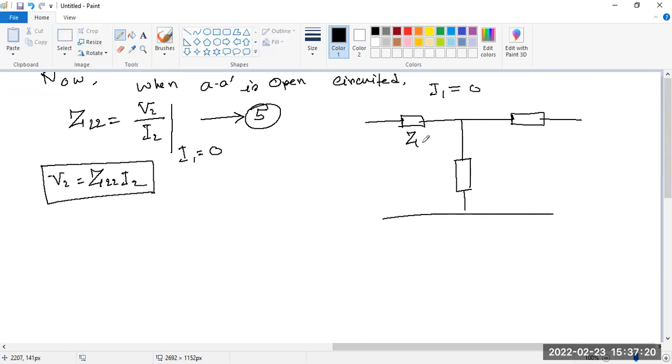This is ZA, this is ZB, I1, that is I2, that is V1, that is V2. So when I1 is 0, this terminal is open and only this current is flowing.